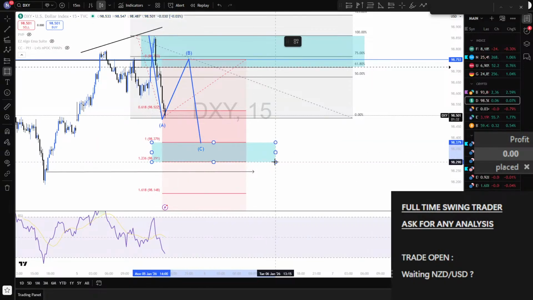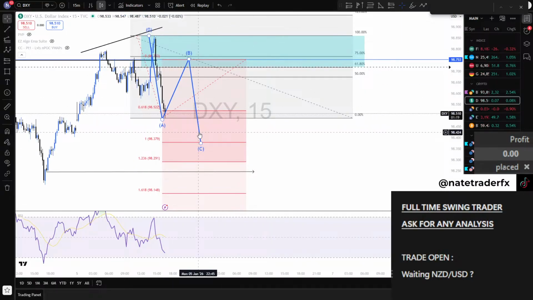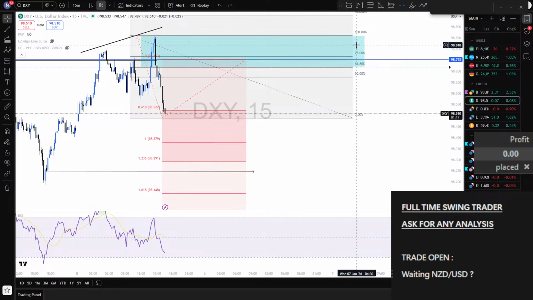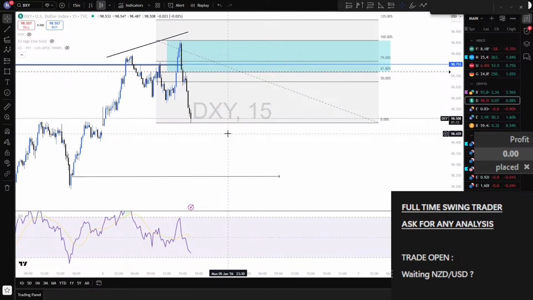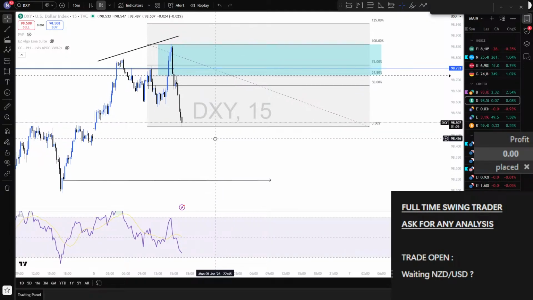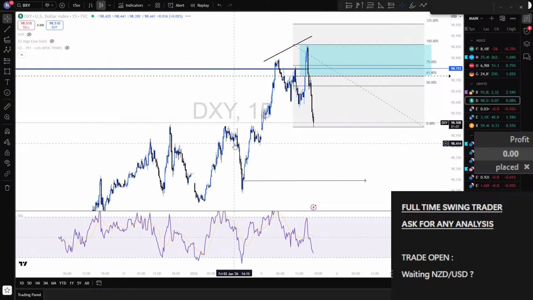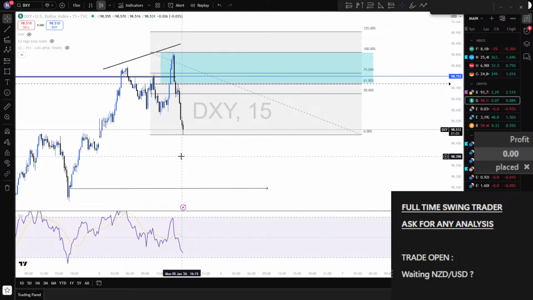Most of the time it stops in this zone. Okay. Okay, Malume. It's the right thing to do, I think.